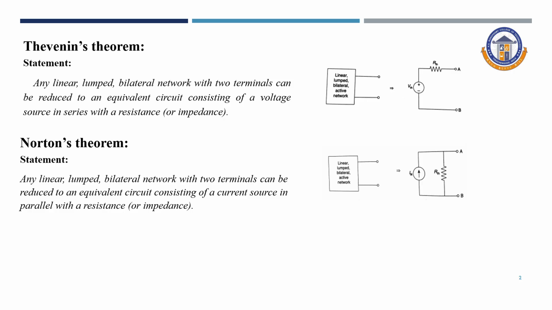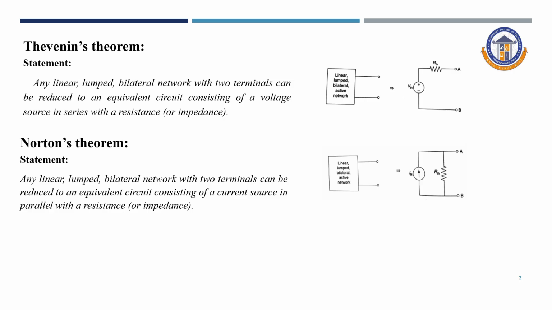So if you have a bulk circuit, with two or three sources connected, and five, six, seven resistors arranged in the network, that entire network I'm going to replace with a single source with a resistor. That's the theorem's power.